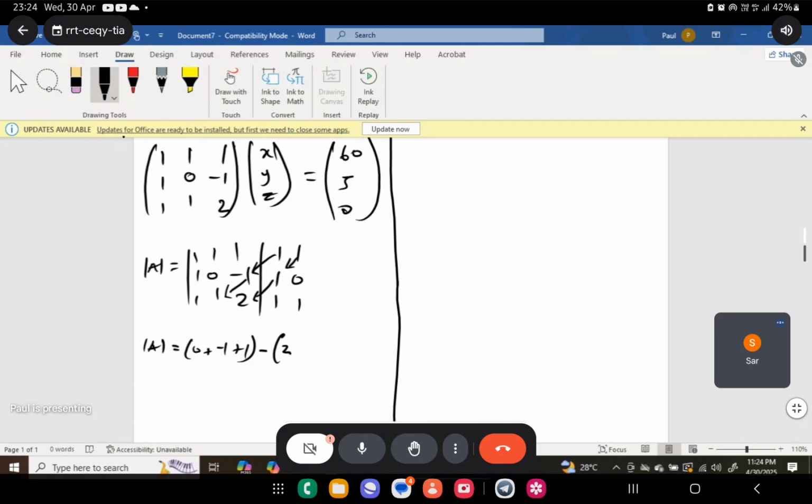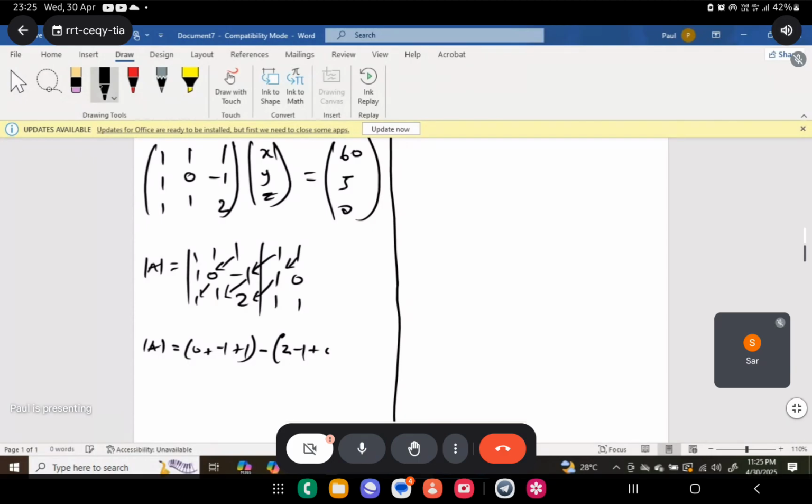So 1 times negative 1 times 1 gives us negative 1. Then 1 times 0 times 1 gives us 0. So plus 0, plus 0.